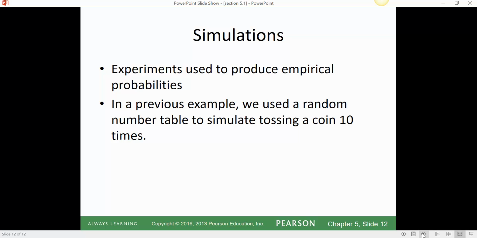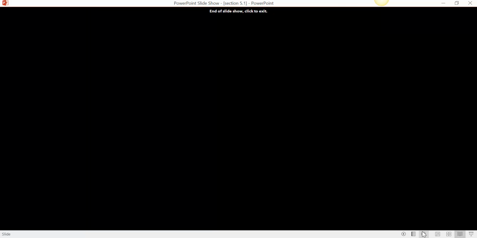This is a type of simulation. You can use a random number table like that, or you can use other methodologies. I do want to point out that you can make a random number table or do simulations in R or in your graphing calculator.